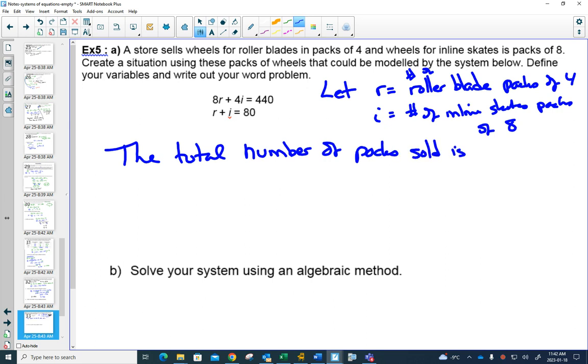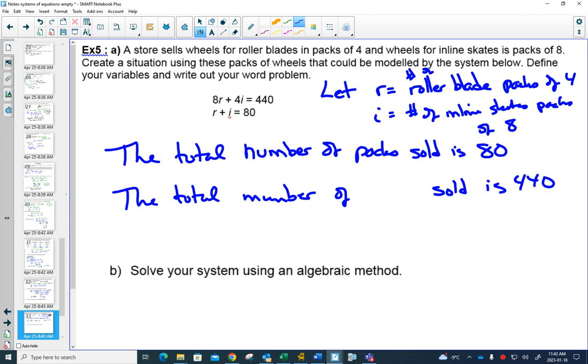Total number of packs sold is 80. Because if R is the number of rollerblade packs and I is the number of inline packs, okay? The total number of what sold? Wheels.